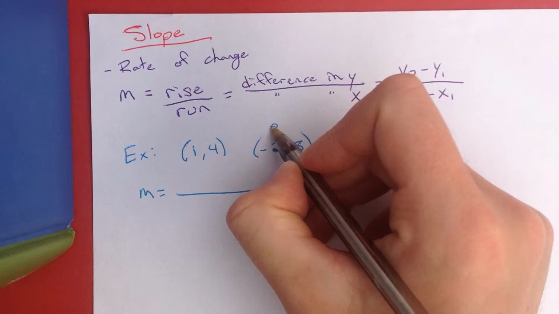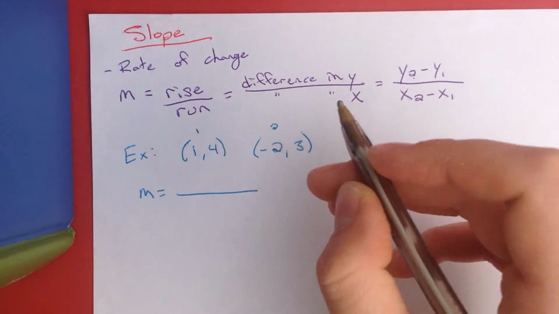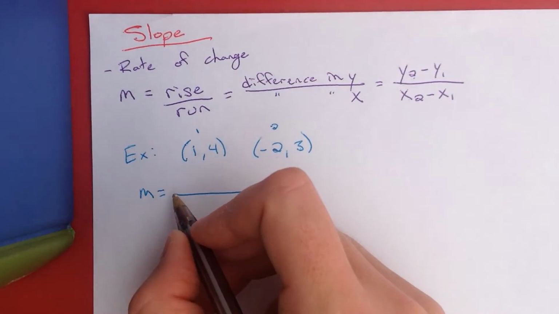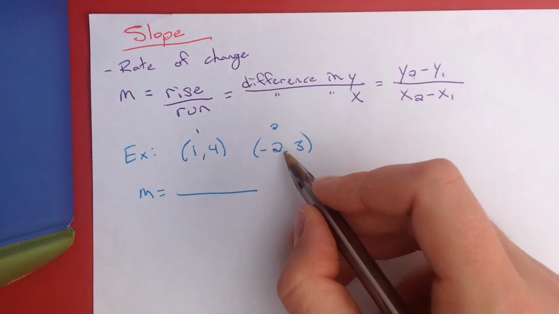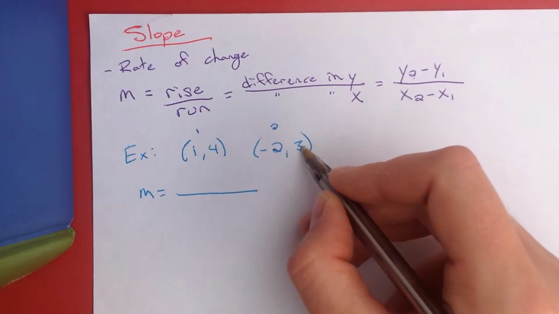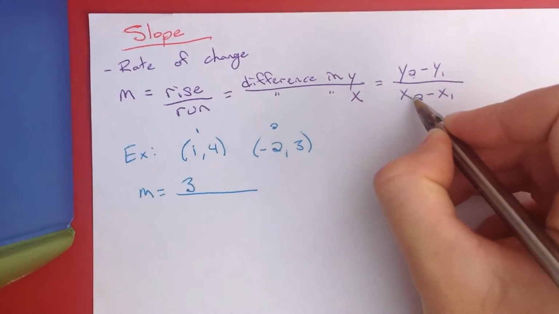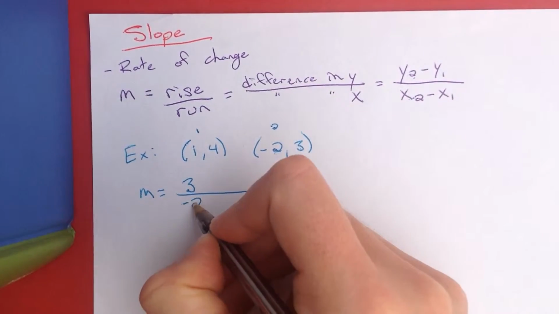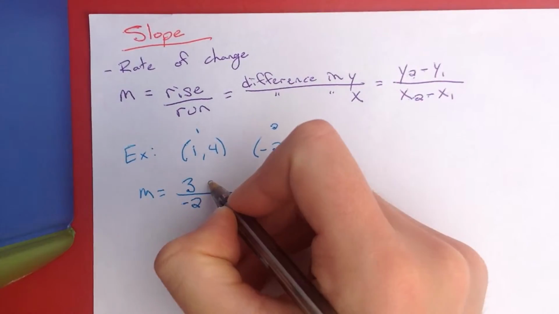So I'm going to say this is point 2, this is point 1, and I'll show you that it doesn't matter which one you pick first and second, we'll get the same answer. So this being point 2, my y2 goes on top, my x2 goes on bottom, minus in both cases.